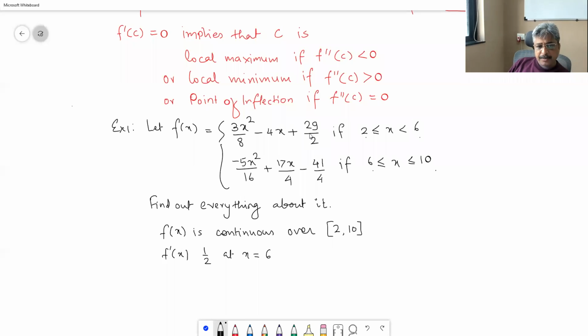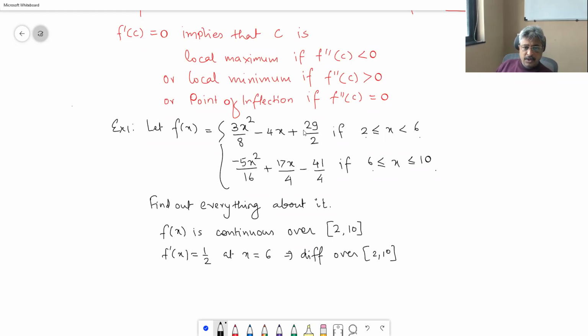This function is anyway differentiable over 2 to 6, and over 6 to 10, and the derivative at x equal to 6 is half. So that implies it is differentiable over 2 to 10. Correct? No problem.